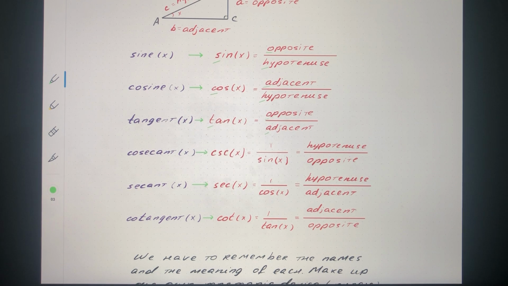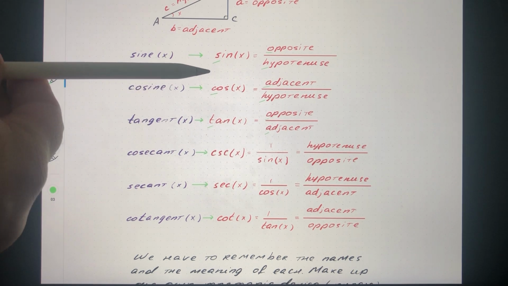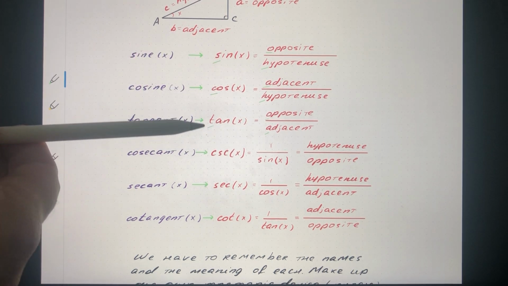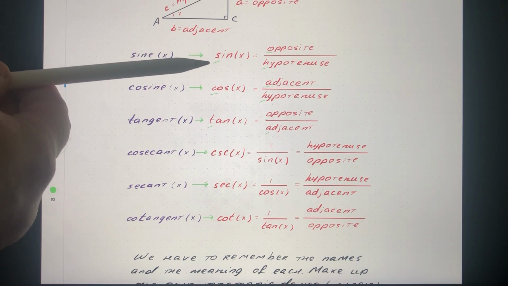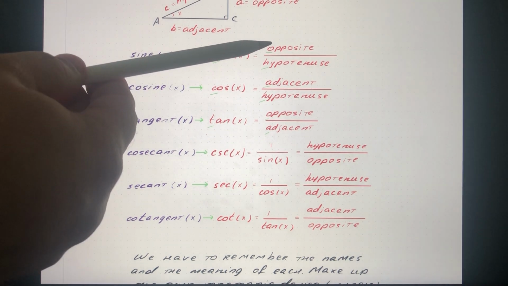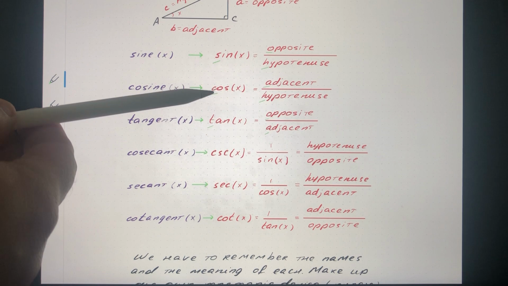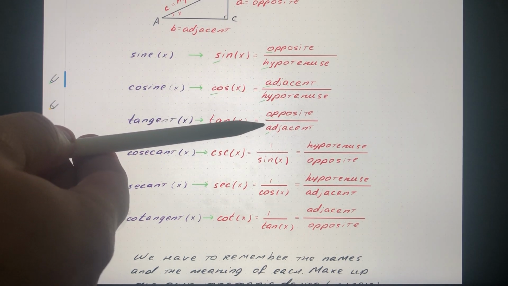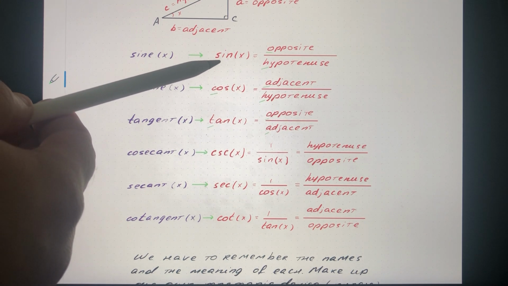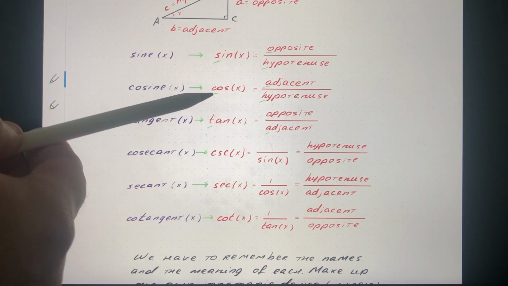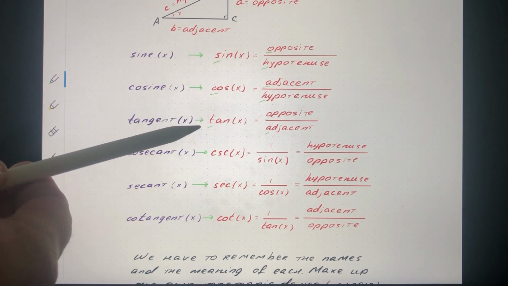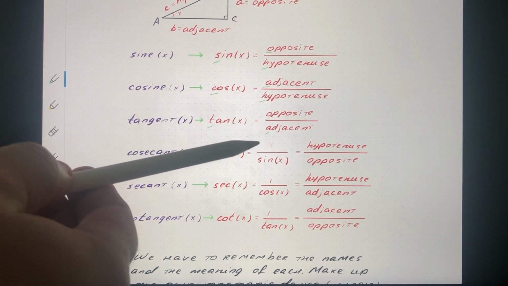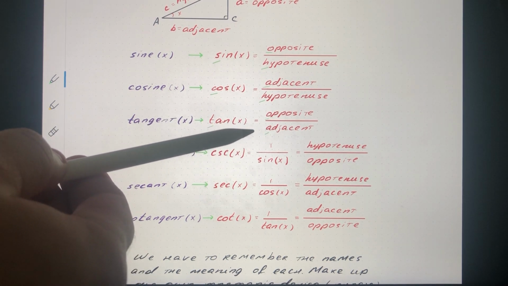So one way to do it is to simply memorize the first 3 using only the front letters. So the sine, S, opposite hypotenuse, cosine, C, adjacent hypotenuse, tangent, T, opposite adjacent. So we will have 9 letters: S, O, H, C, A, H, T, O, A. Now we just have to remember them and what they mean.